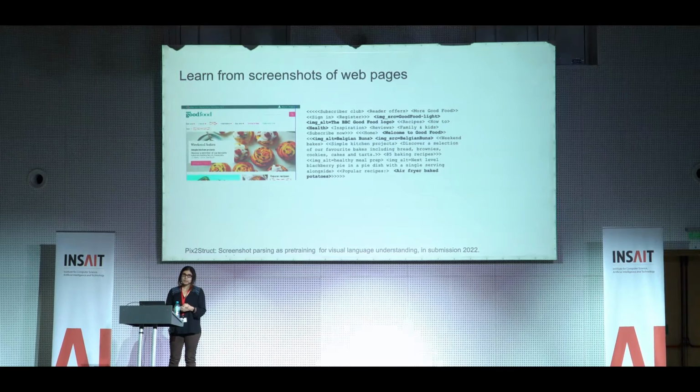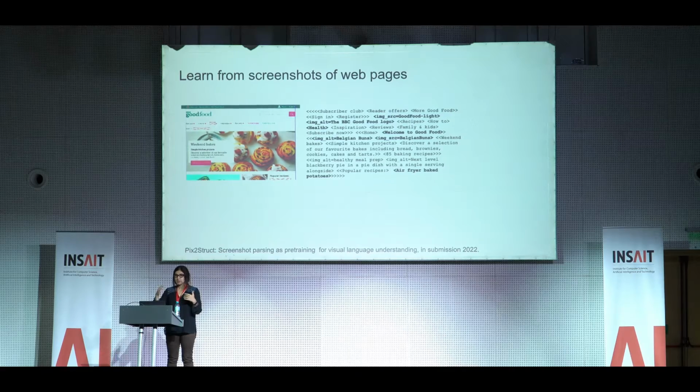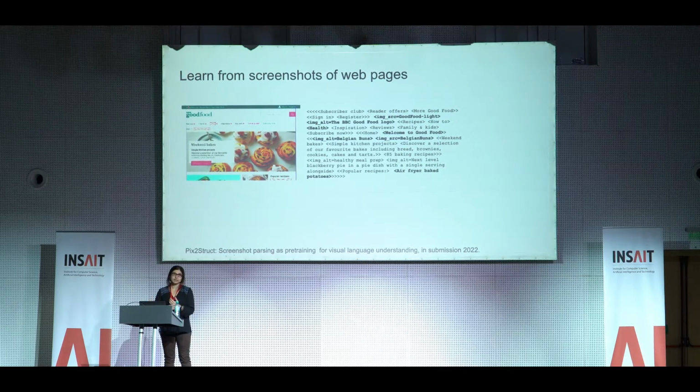In this recent paper, we pre-trained such a model that takes an image that can have a lot of text and converts it into text, which is a structured representation of the image. In particular, we use screenshots of web pages, and they have a lot of text in them. They also have images.